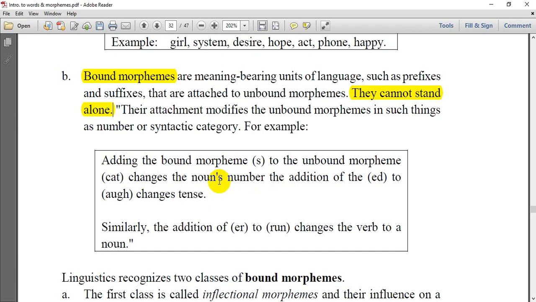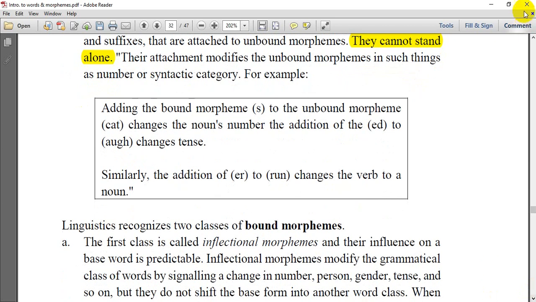Similarly, the addition of -er to verbs, for example run, runner, or predict, predictor, changes the verb to a noun.